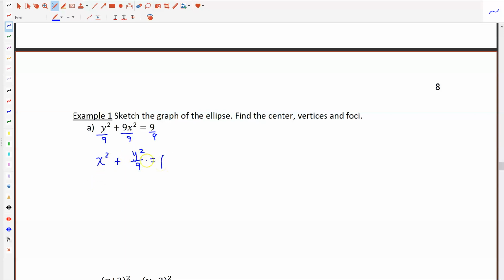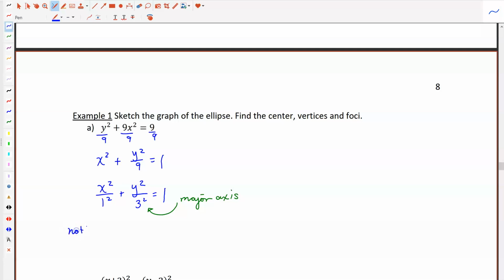So maybe so I can see both values, I can write this as x squared over 1 squared plus y squared over 3 squared is equal to 1. So I can see then, because this value is bigger, that is going to dictate who my major axis is. So I'm going to have a major axis that's going to be parallel to the y-axis.